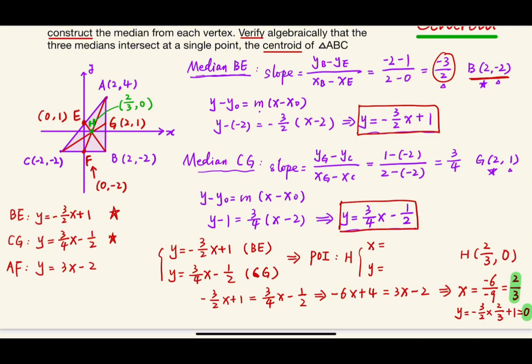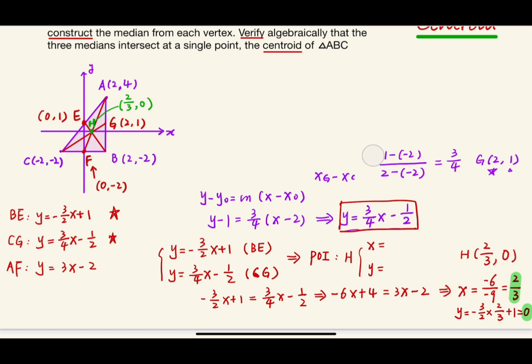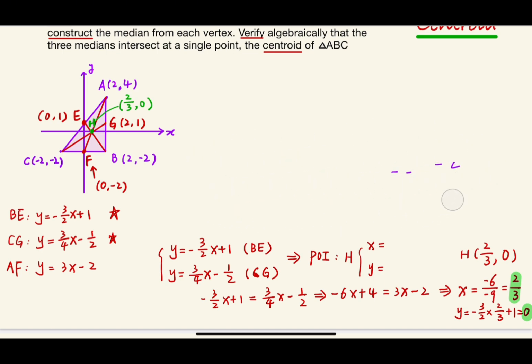Now we just need to verify this point H is also on the third median. Then we can say the three medians intersect at the single point H. Now, we just need to plug in point H, x coordinate and y coordinate back into the third median AF equation.